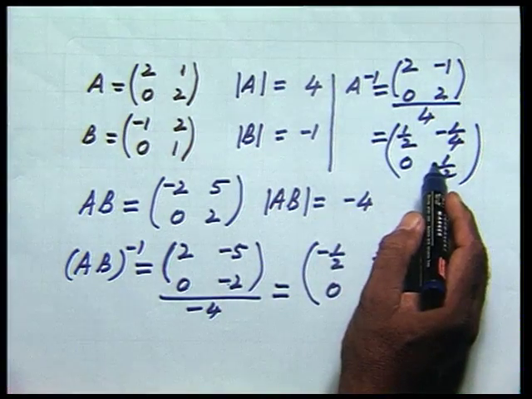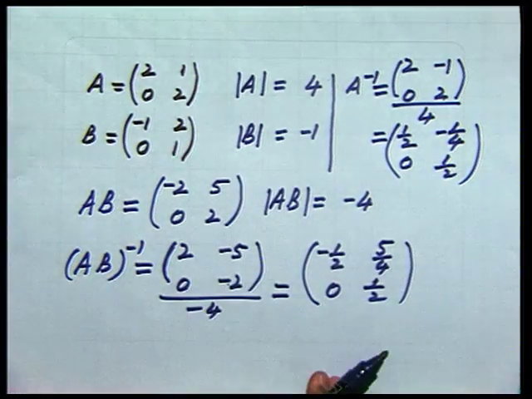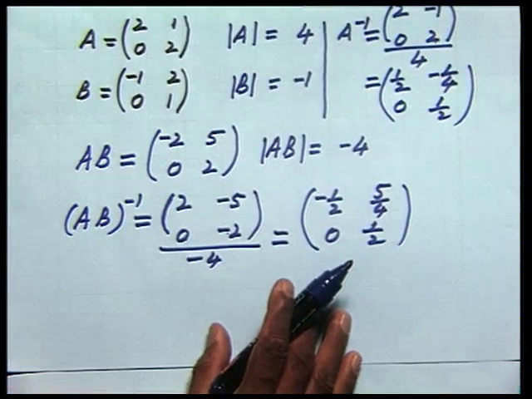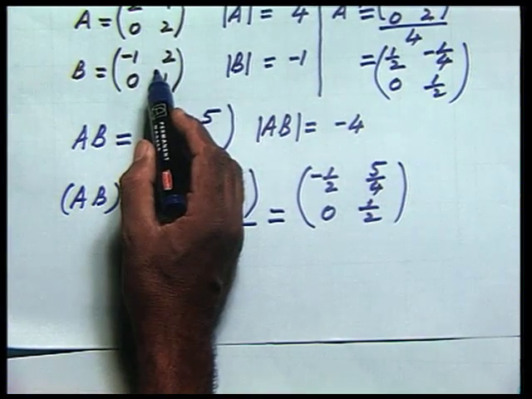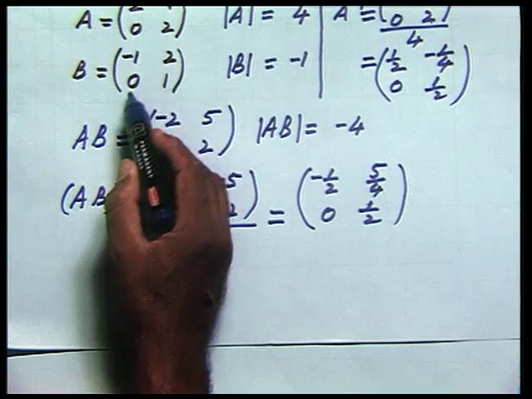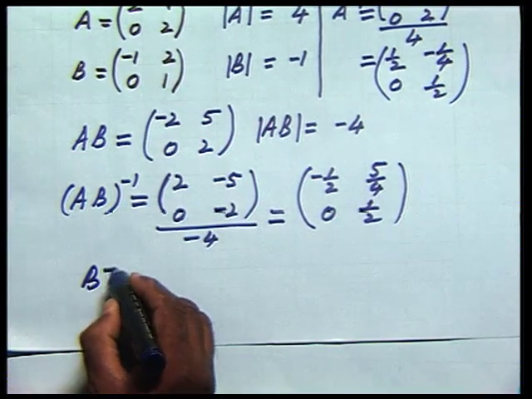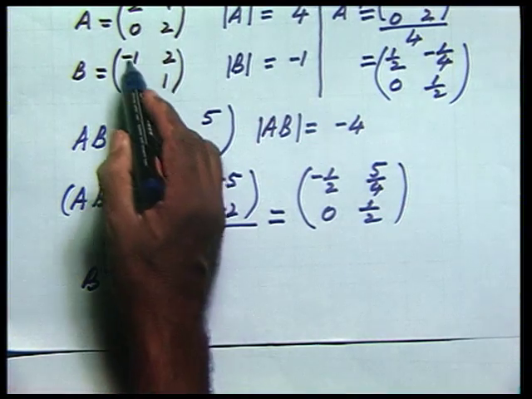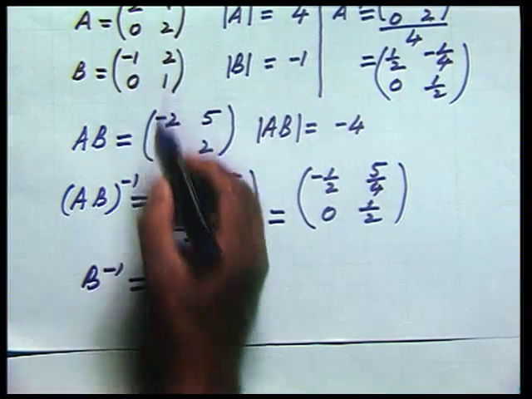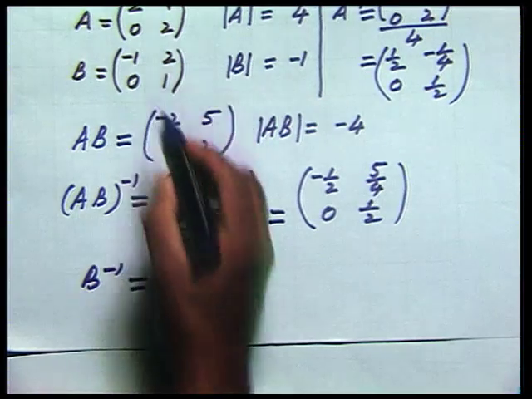What will be the value of inverse of B? Let us see what will be the value. B, as you can see, is -1 2 0 1. So, B inverse is the adjoint of this. So, cofactor of this is 1, 2 is 0.